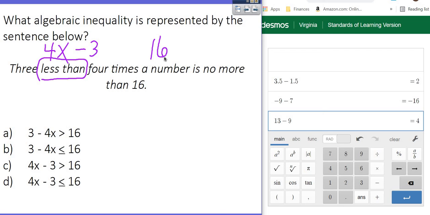That means that the 4x minus 3 has to be less than 16. It can be equal to, because it can't be any more than, no more than 16. So let's see if we have a 4x minus 3 less than or equal to 16. Yes, we do. That is D.